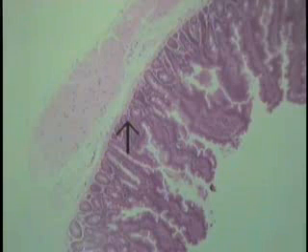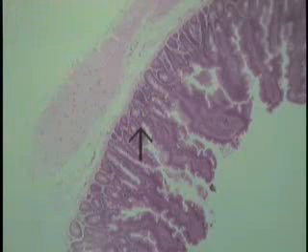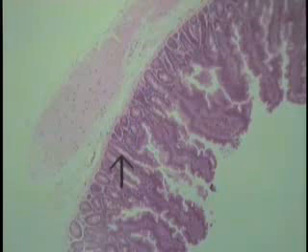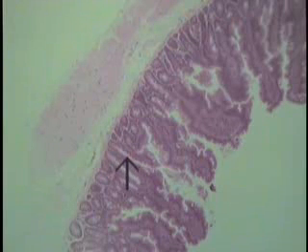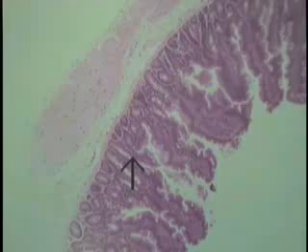These profiles, though they're round, made up of a round collection of cells, also are intestinal glands, but are cut at different angles. For example, this rounded profile would be a simple tubular gland, but it's cut at an angle across here, if I can use this to demonstrate. So look within the epithelium, or the cells making up the wall of these simple tubular glands, for the mitotic figures.